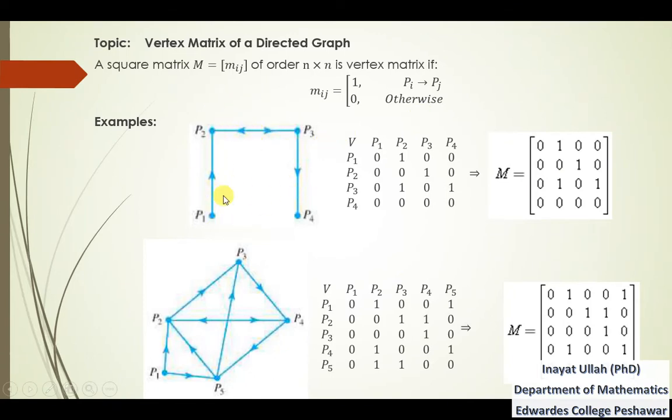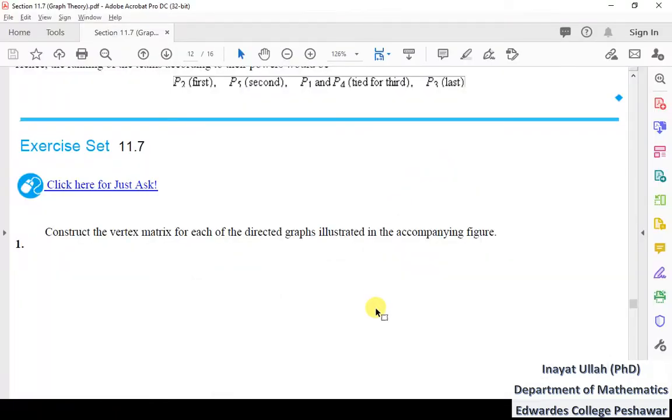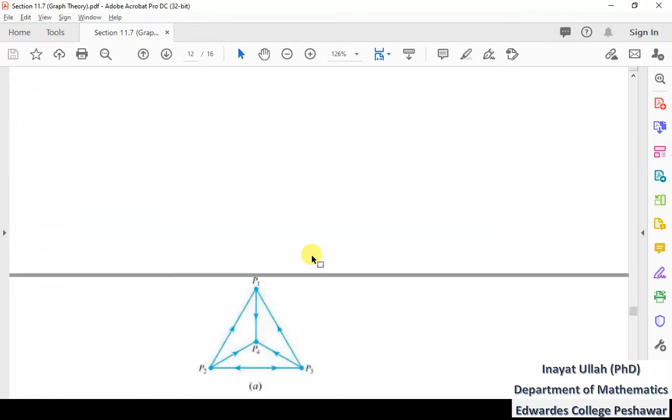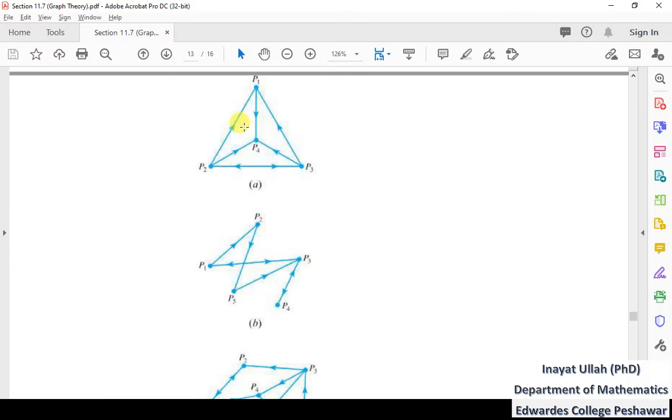That is one question, which is actually your first question of this section. That is question number 1, section 11.7. Construct the vertex matrix for each of the directed graphs illustrated in the accompanying figure. You are given a figure here. That is the first figure.